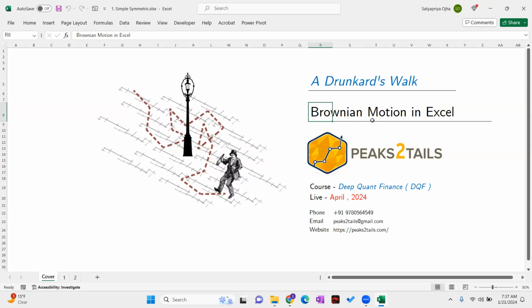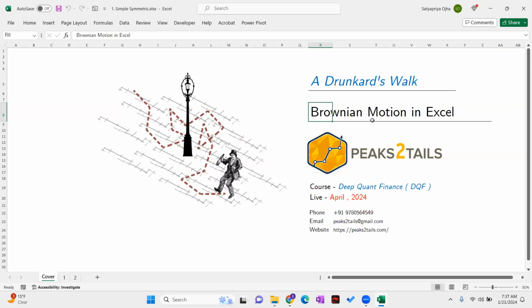Now, let me explain the role of Brownian motion in quant finance. The role of Brownian motion in quant finance is the same role that salt plays in a recipe. Okay, Brownian motion to quant finance is like salt to a recipe. It's that important. I'm not exaggerating.